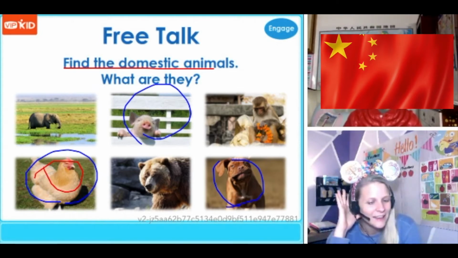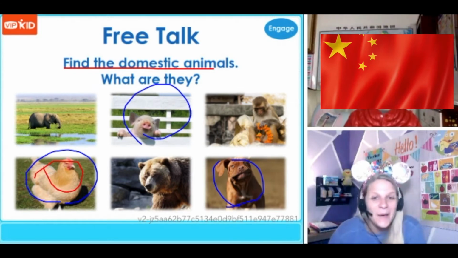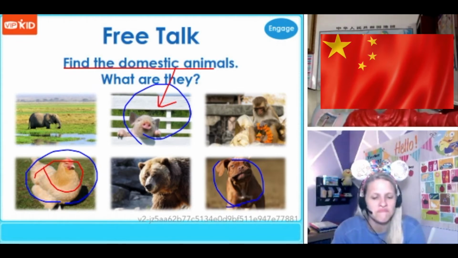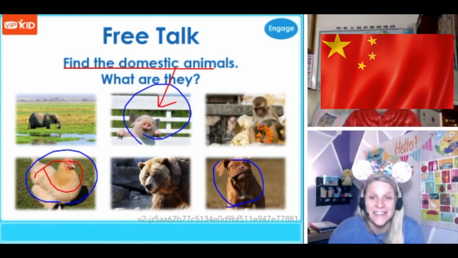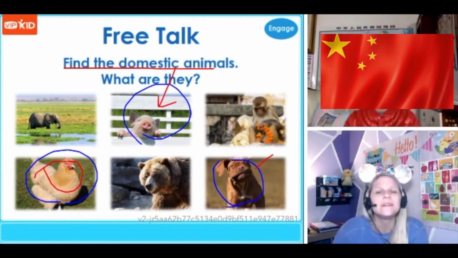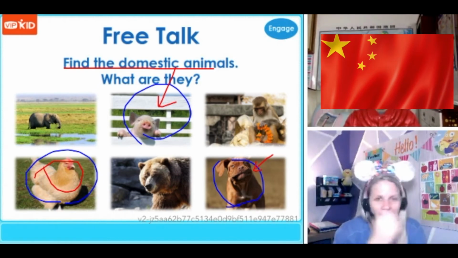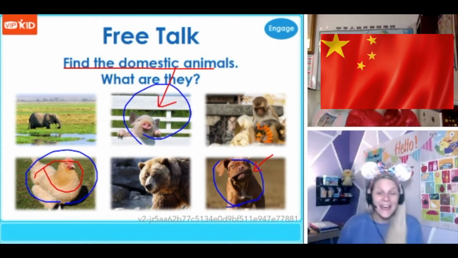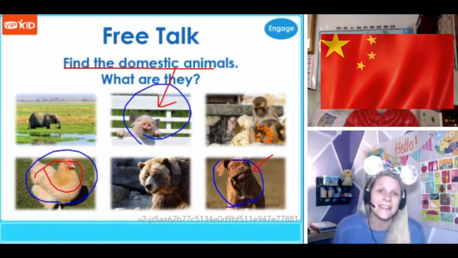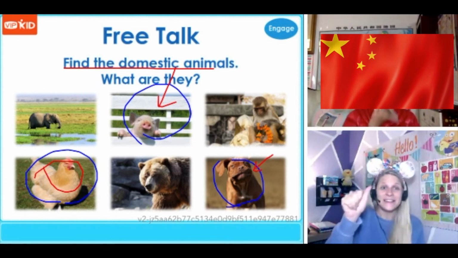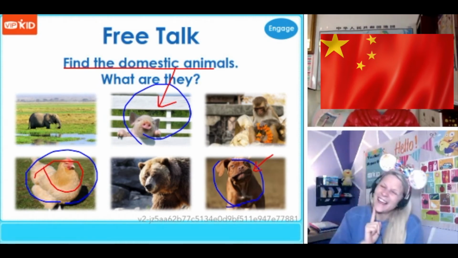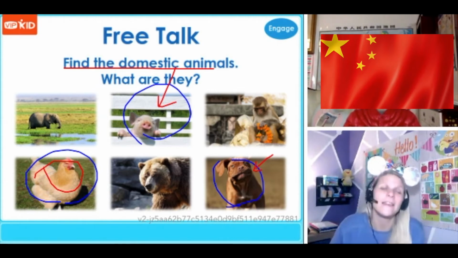Chickens give us eggs. Yes, they do. Good job. Okay. What do pigs give us? Pigs give us pork. Very good. Yes, they do. Good. What do dogs give us? Dogs can help the blind man to walk. Yes. And do dogs make us happy? Yes. Yeah, so you can say dogs give us joy. Dogs give us joy. Yes, my dog gives me joy. He does. Good job, Candy.